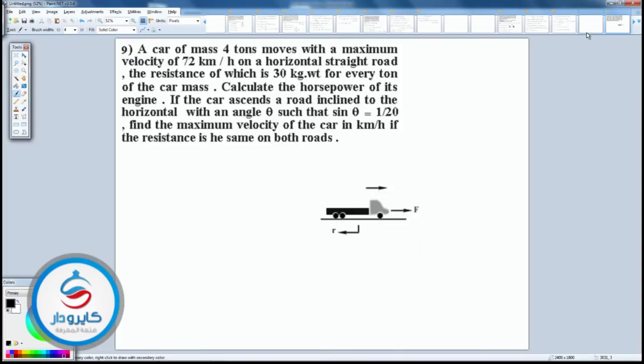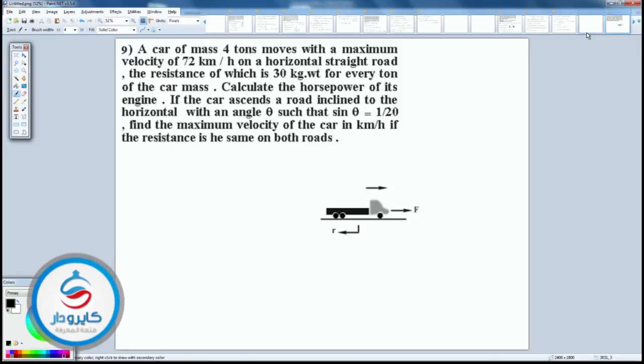Question number 9. A car of mass 4 tons moves with a maximum velocity of 72 km per hour on a horizontal straight road, the resistance of which is 30 kg dead weight for every ton of the car mass.